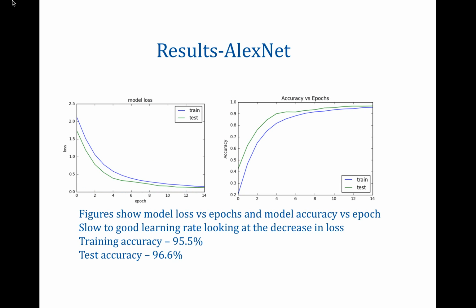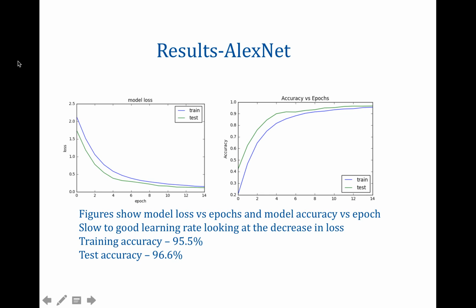Results of the AlexNet: we can see that the model loss and model accuracy are pretty exponential with the number of epochs, and model loss decreases exponentially. It's a good graph, but could have been more exponential, which signifies that the learning rate is somewhere between low and good, because the convergence is somewhere between good convergence and slow convergence.